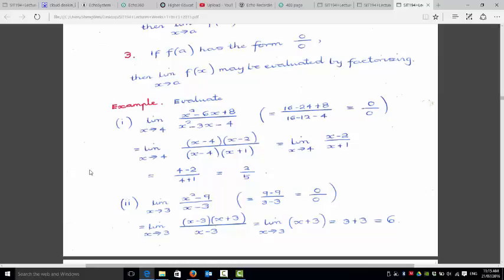We calculate the limit of this function when x approaches 4. It's very easy. We just substitute x by 4, and we can get the result directly.